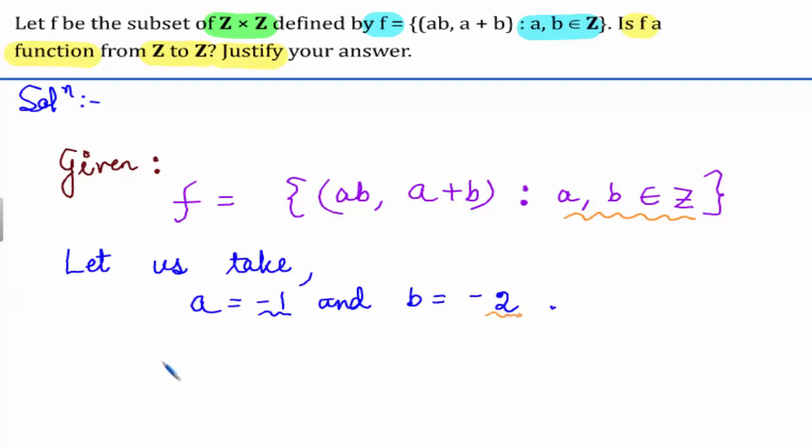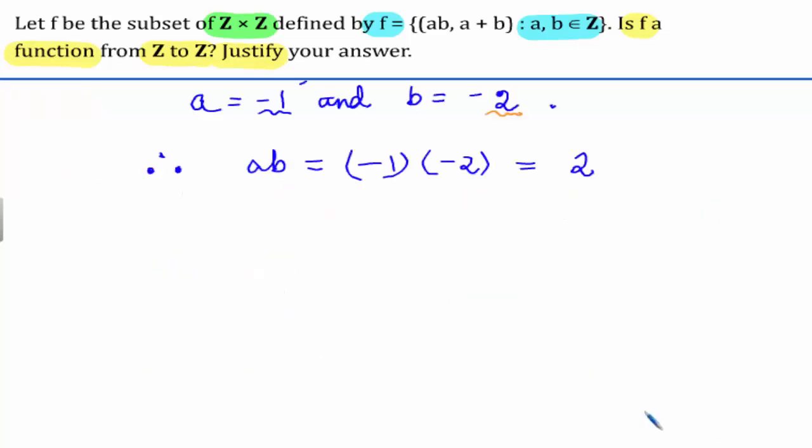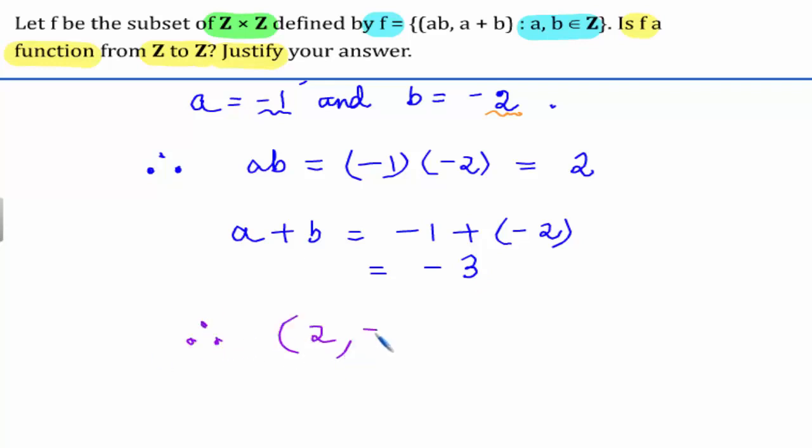Then we have ab equal to -1 into -2, that is equal to 2. Also, we have a plus b equal to -1 plus -2, which is equal to -3. Therefore, the ordered pair (2, -3) belongs to f.